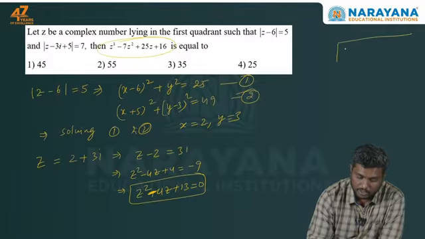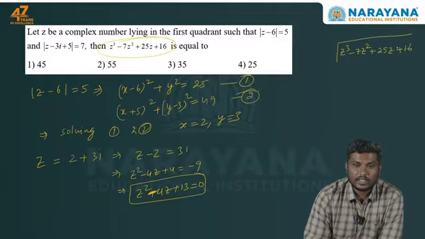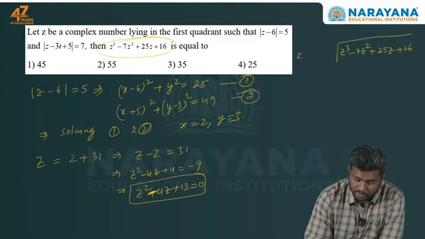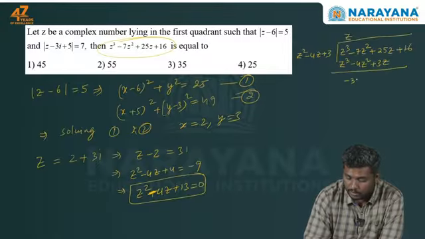So what is given here? z cube minus 7z square plus 25z plus 16 is divided by z square minus 4z plus 3. So z cube minus 4z square plus 3z, whole divided, leaves minus 3z square plus 22z plus 16.